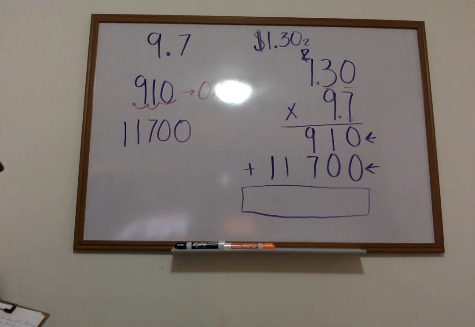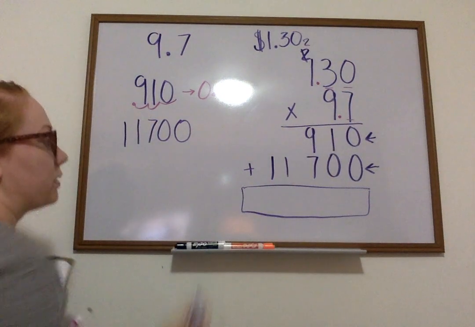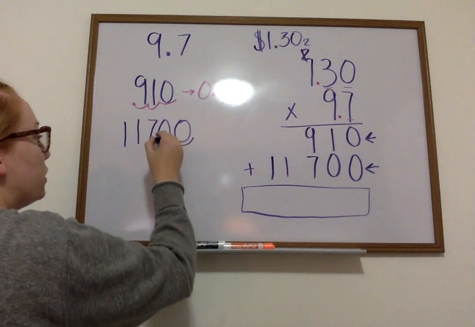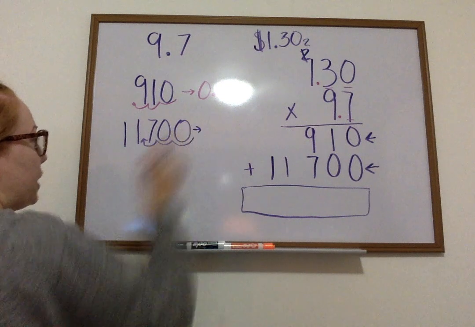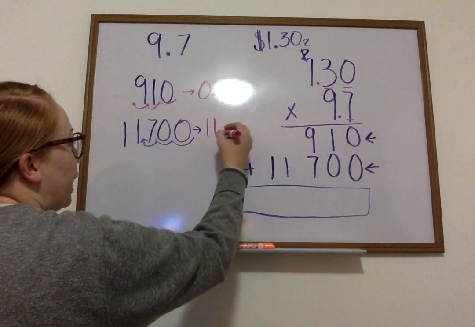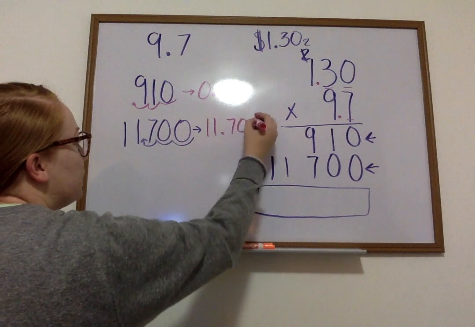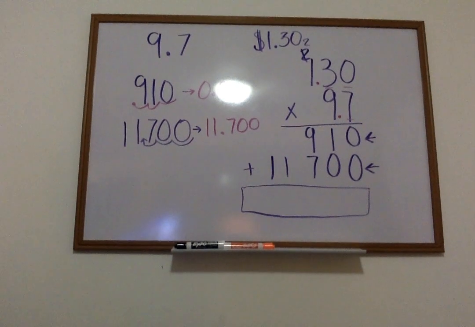Well, I have 1, 2, 3 numbers behind the decimal, so I'm going to have to move it 1, 2, 3 places. My number then becomes 11 and 7/10. Now I can keep the 0, 0 at the end, or I can take it off. It'll still be the same thing.